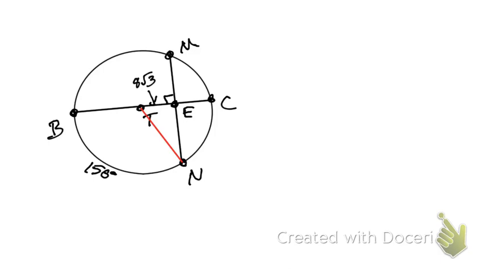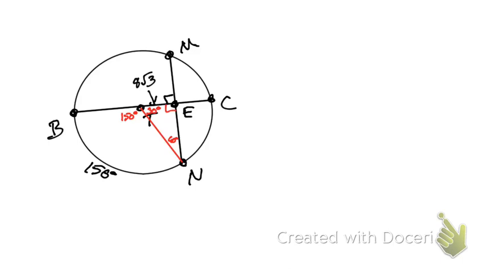A central angle is going to have the same measure as the arc it subtends. Well, that arc distance is 150 degrees. So that makes this angle BTN 150 degrees as well. Well, if that's 150 degrees, then this is, oh no, it's a 30 degree, which makes it a 30, 60, 90 degree triangle.